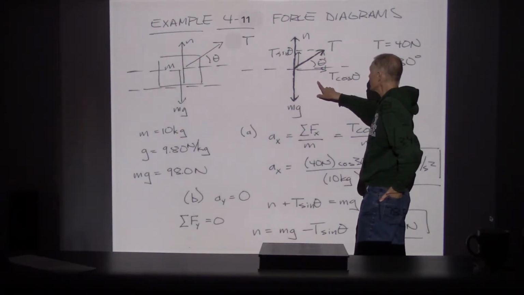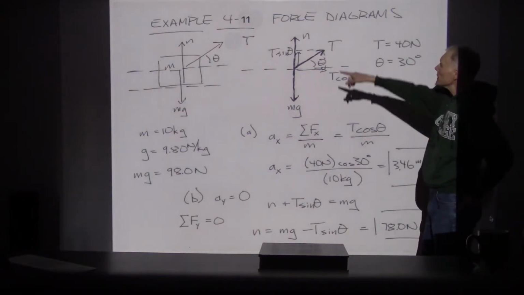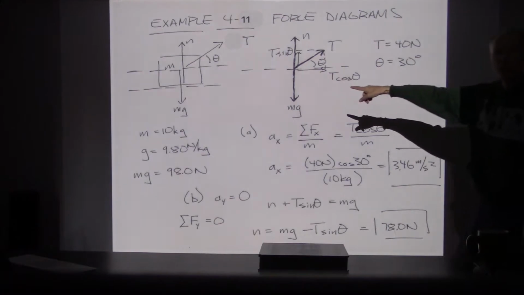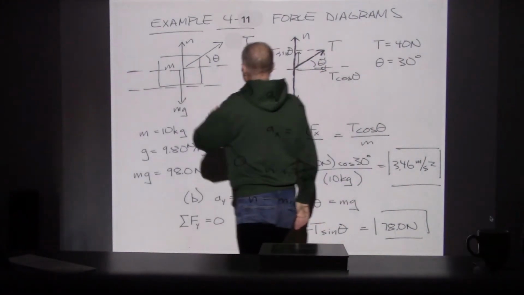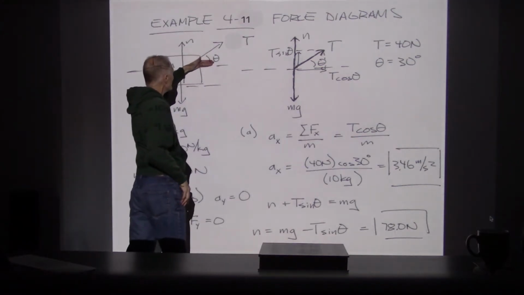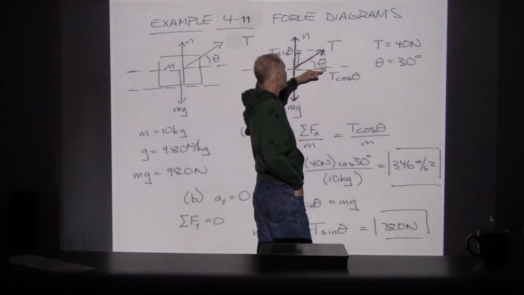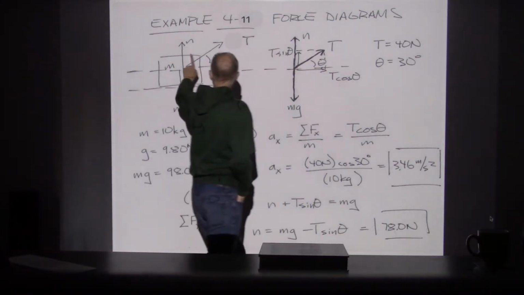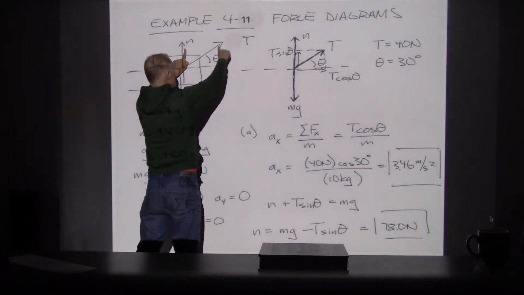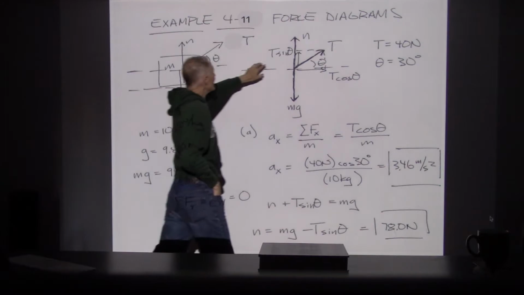Now this is Tx, and Tx is equal to T cosine theta. See how the angle is adjacent to the x-axis. So since the angle is adjacent to the x-axis, the x component of the force will pick up the cosine theta. The vertical component of tension is opposite the angle. That's going to pick up sine.